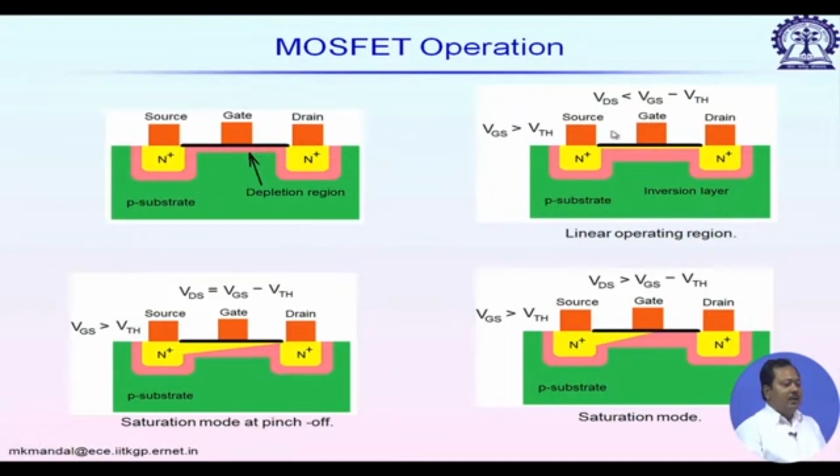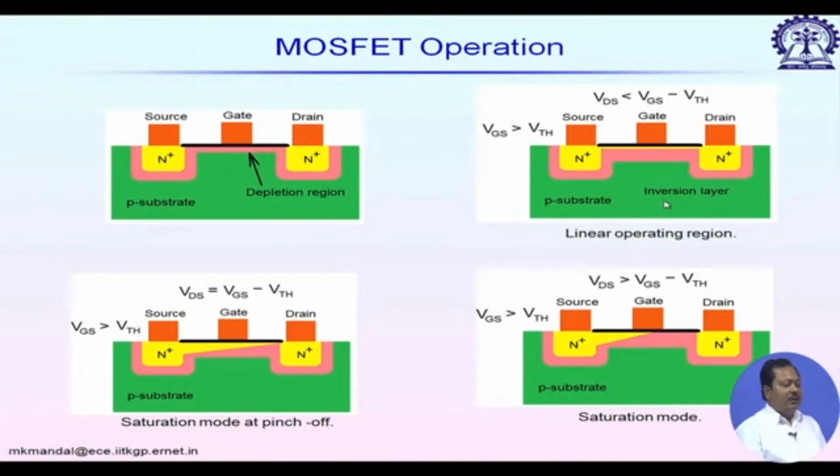Now, let us consider a situation where we have applied some drain to source voltage, but it is less than VGS minus VTH. VTH is the threshold voltage needed to realize the channel in between source and drain.